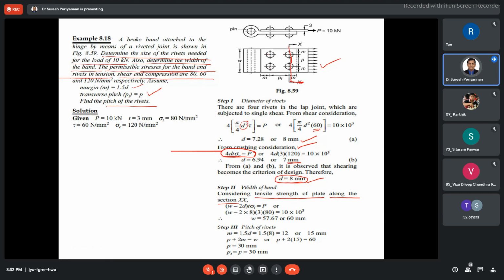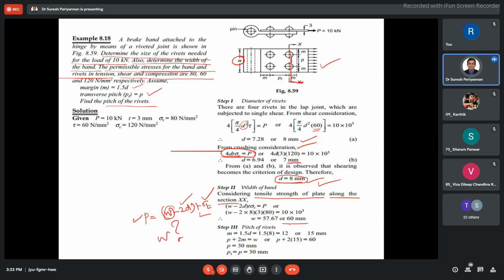We would like to find the width of the plate, W. The tensile strength sigma t is given: tension is 80 Newton per mm squared. We know P is equal to (W minus 2d) t sigma t. t we already know, d we have already found, and P we know. Only W is unknown. Finally we have found W as 60 mm.